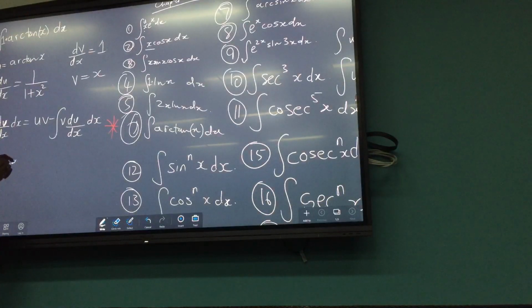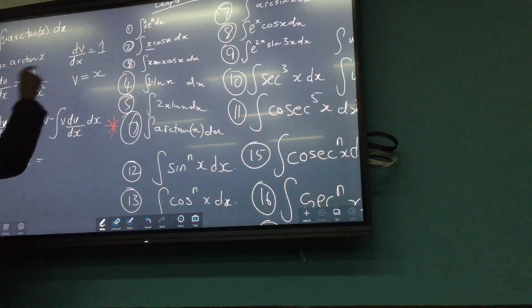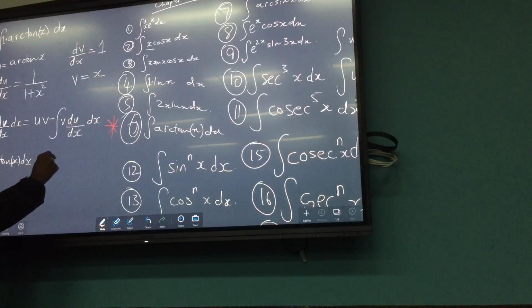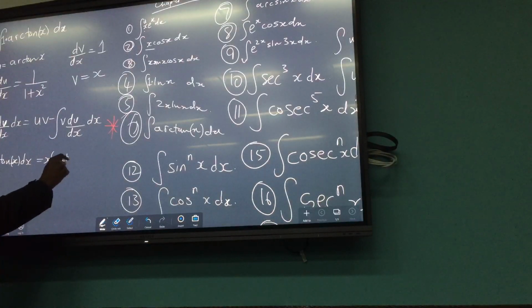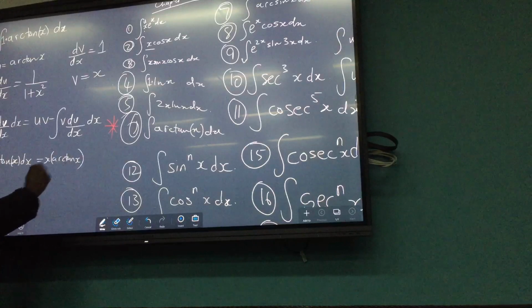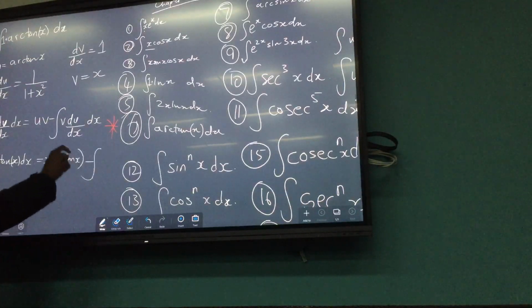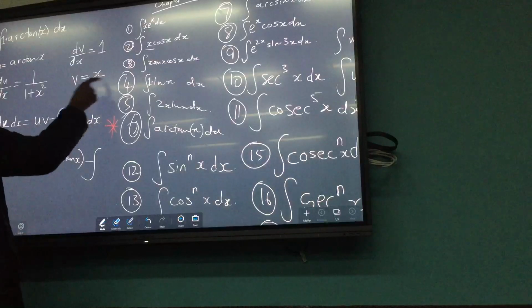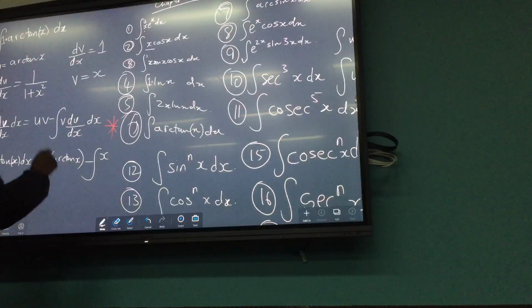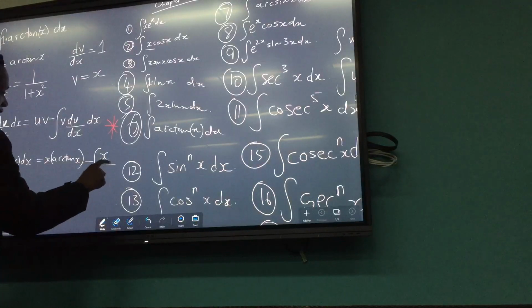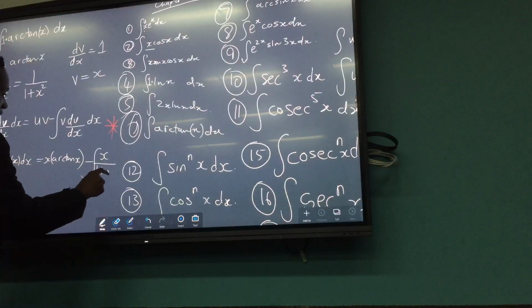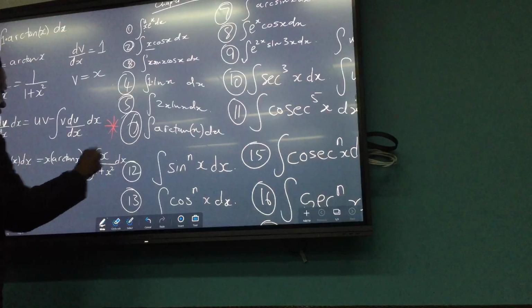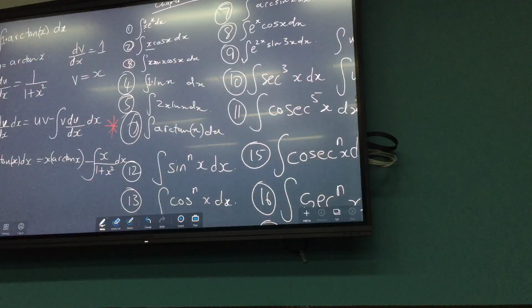The integral of arctan of x with respect to x is going to be equal to uv, that's arctan of x and x, so it's x arctan of x, minus the integral of v du dx. v is x, du dx is 1 over 1 plus x squared. So it's as good as having the integral of x over 1 plus x squared with respect to x. So we have something like that.